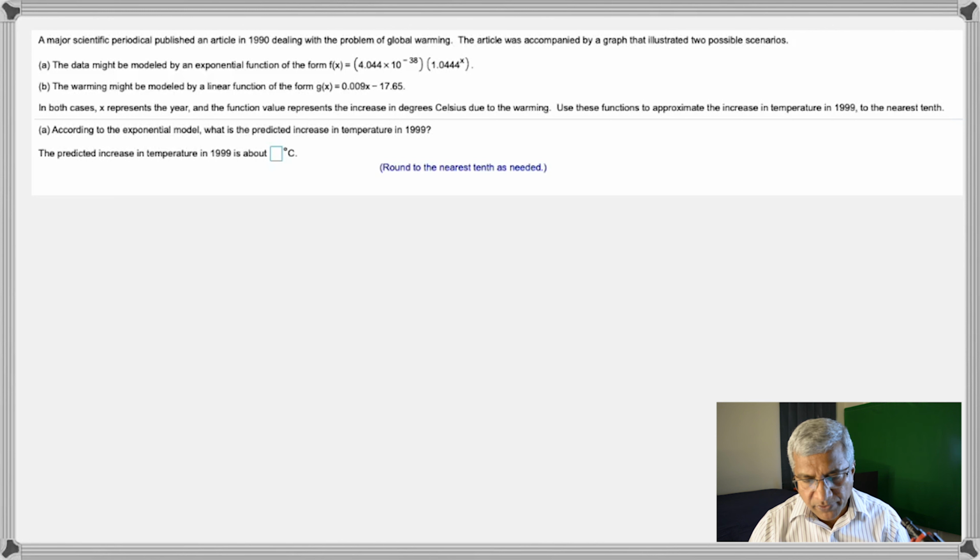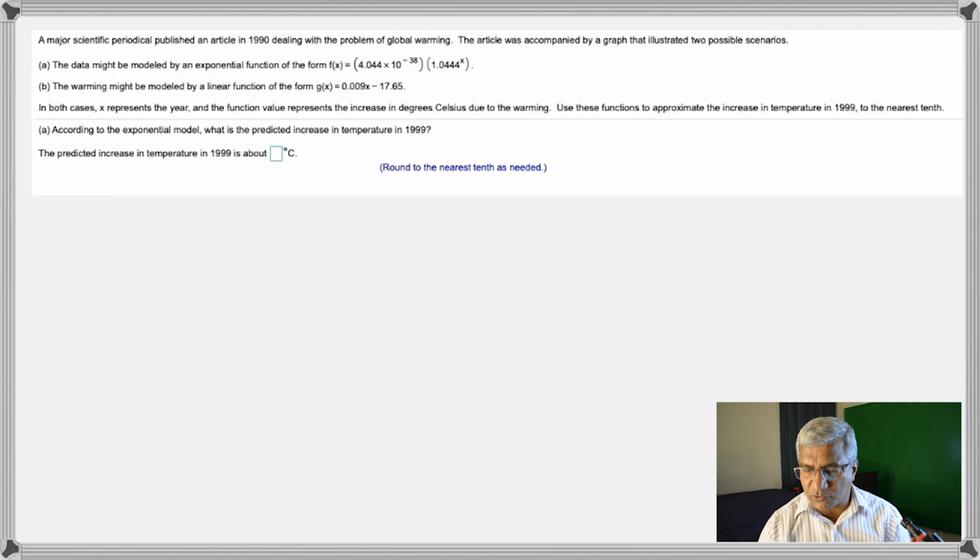And in B, the warming may be modeled by a linear function, which is again given. So you have A as an exponential function, and B you have as a linear function. And then the question is, in both cases, x represents the year, and the function value represents the increase in degrees Celsius due to the warming. It shows how much the temperature increases.